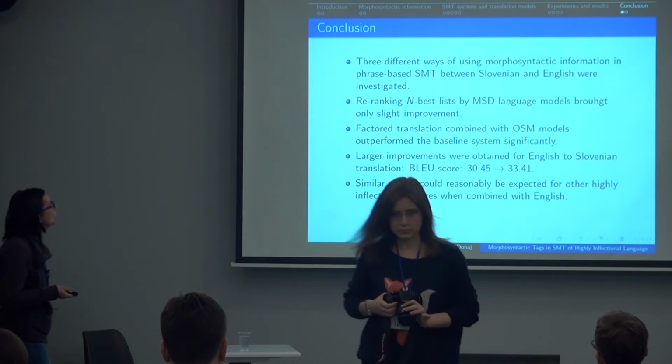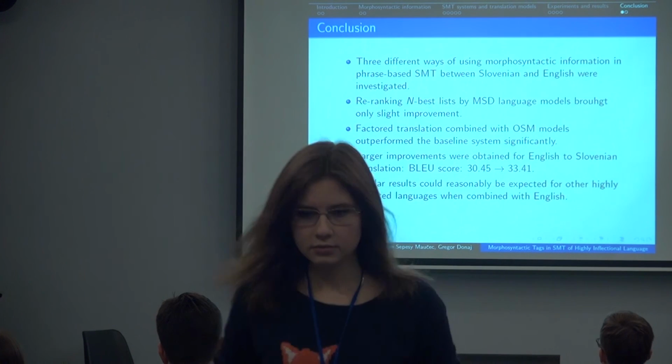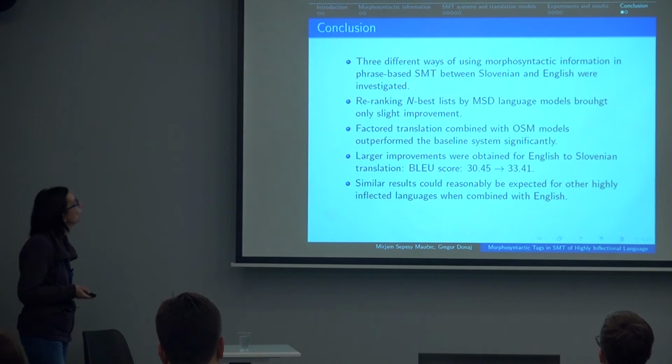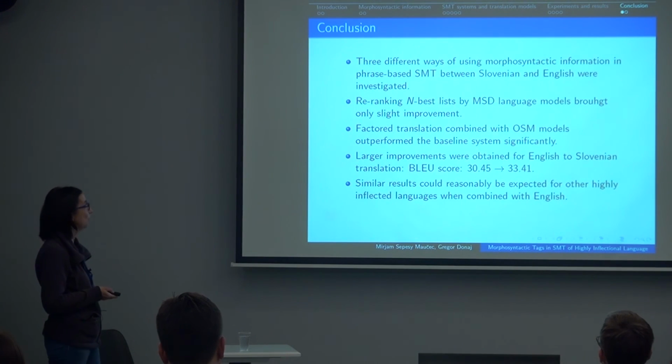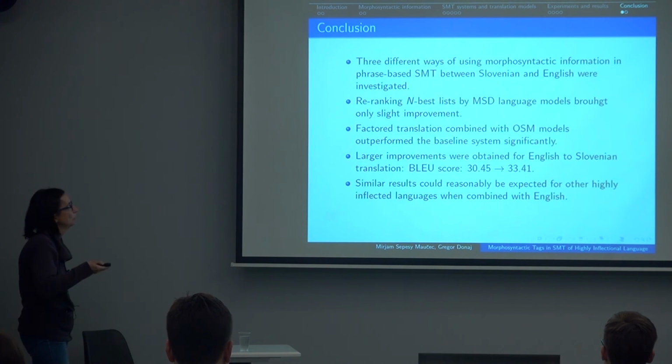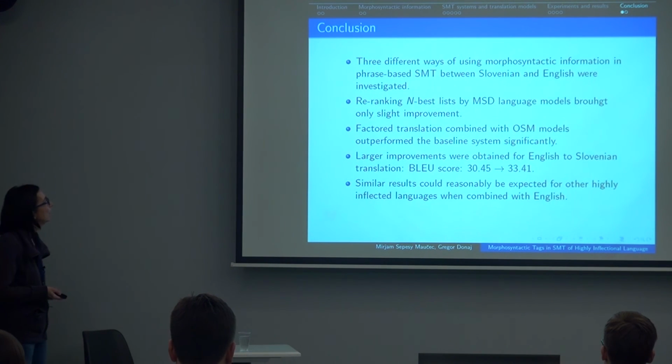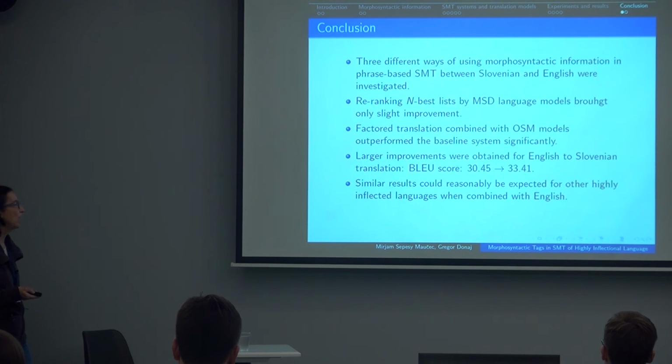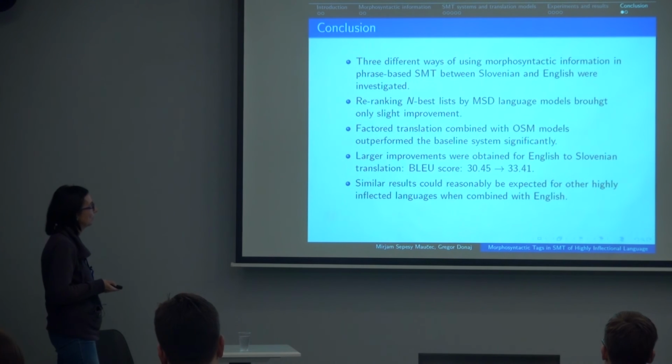And to conclude, in our research, 3 different ways for adding morphosyntactic information to phrase-based statistical machine translation were tested for translation between Slovenian and English. Re-ranking the n-best list did not bring improvement or brought only slight improvement, but factor translation combined with OSM models outperformed the baseline system significantly.